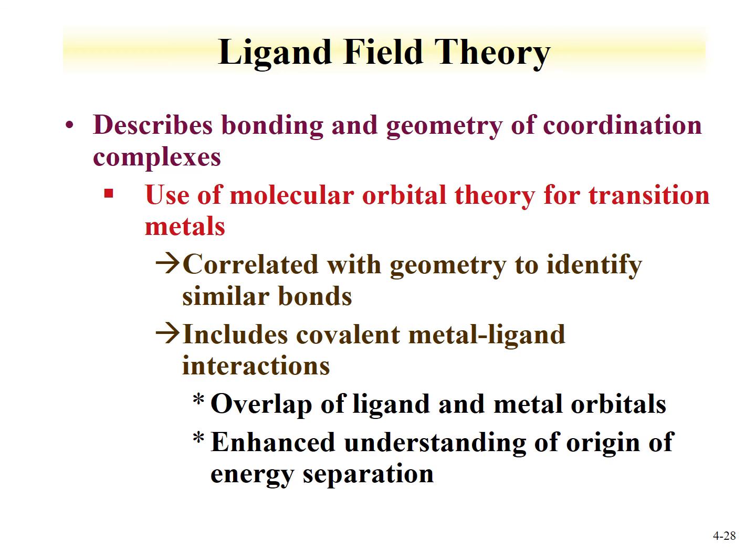A final method for describing metal-ligand interactions is the Ligand Field Theory. And fundamentally, the Ligand Field Theory is really the application of the molecular orbital theory for transition metals. This describes bonding and geometry for coordination complexes. This includes covalent metal-ligand interactions, and is particularly useful for describing overlap of ligand with metal orbitals.